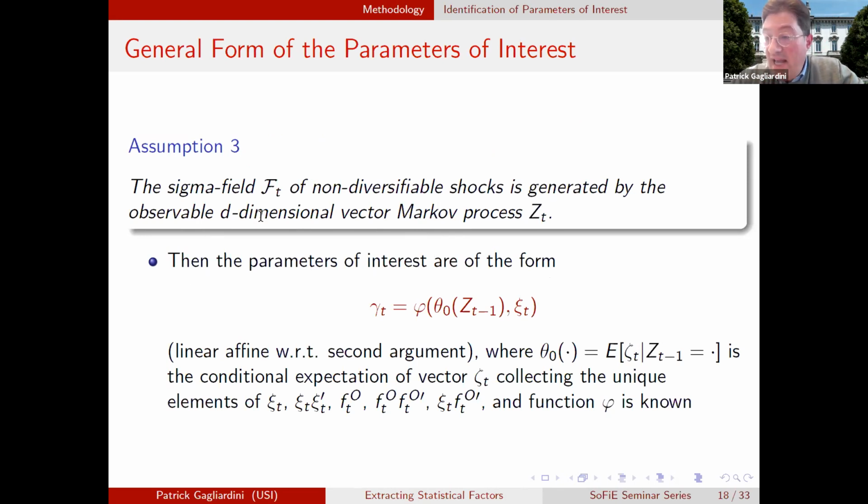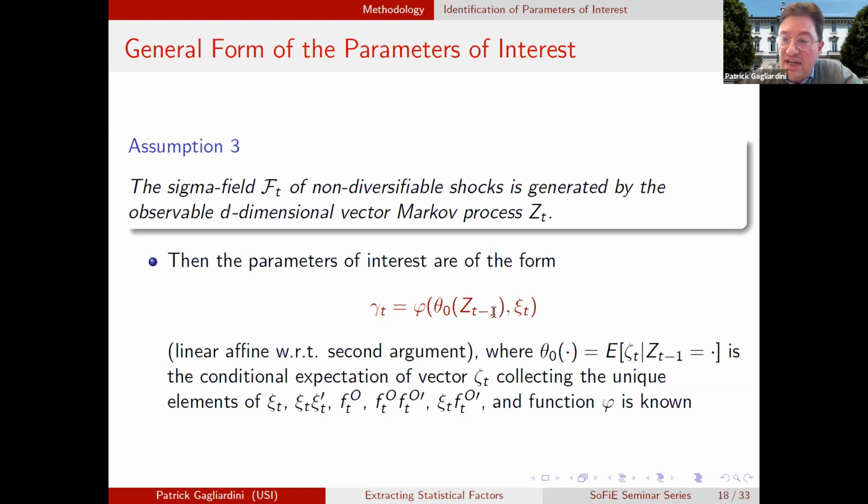Well, then all the parameters of interest shown before, so let's say the latent factor space identification or the conditional canonical correlations, basically admit a form like this one.